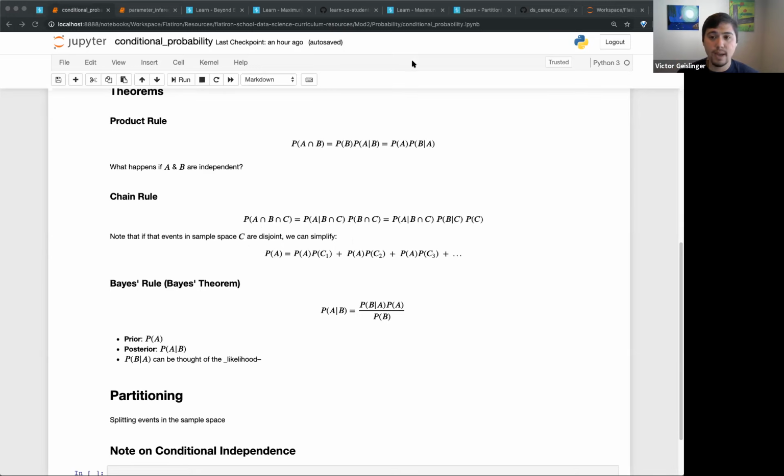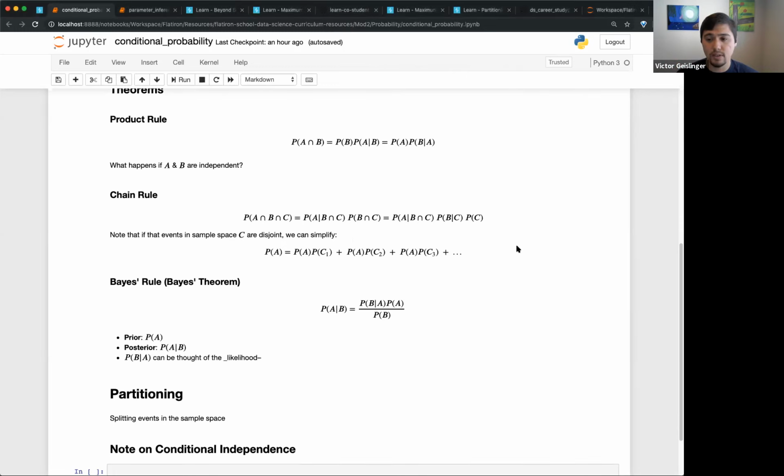If you imagine C is disjoint, this is usually how it's drawn: let's say this is all of C, so you can think of this as C1, there's C2, C3, and C4.